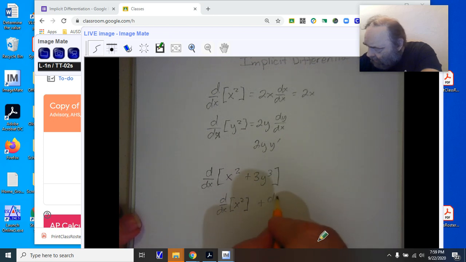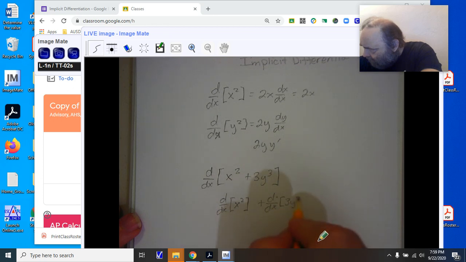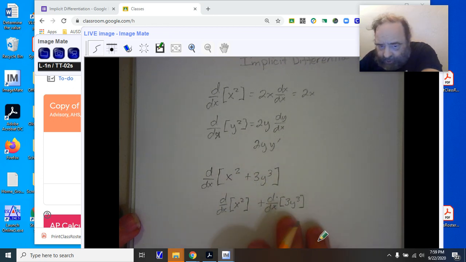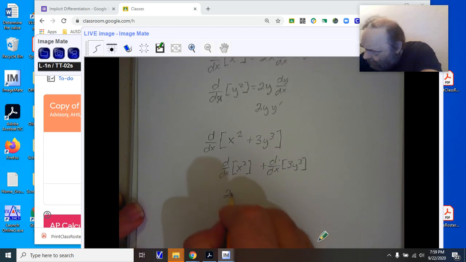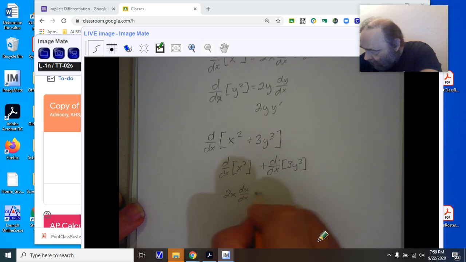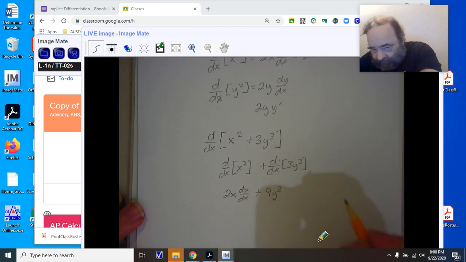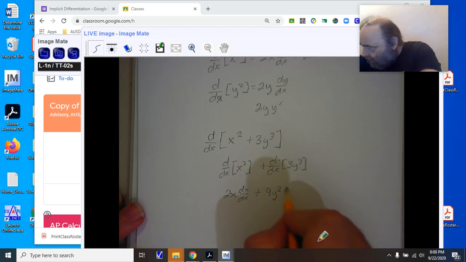And then we have the d/dx of 3y cubed, and we're looking at this one as a chain rule. So as we go, we end up with 2x dx/dx plus 9y squared. Notice I'm following the chain rule, dy/dx.